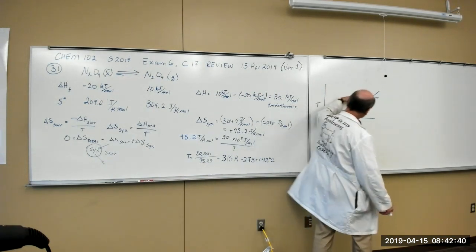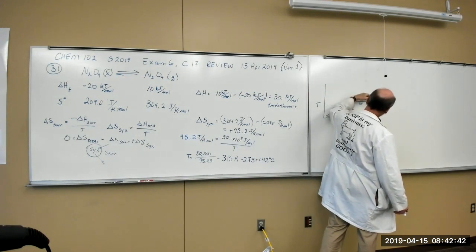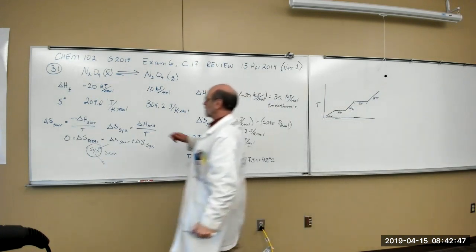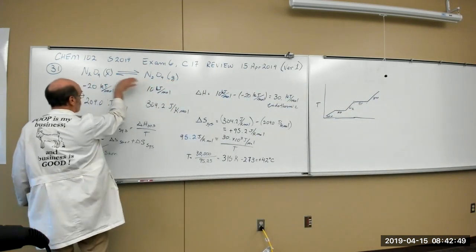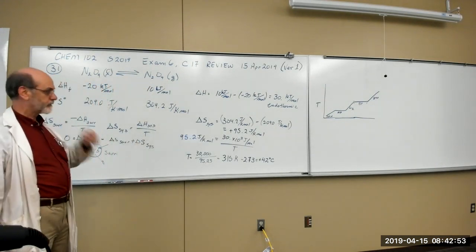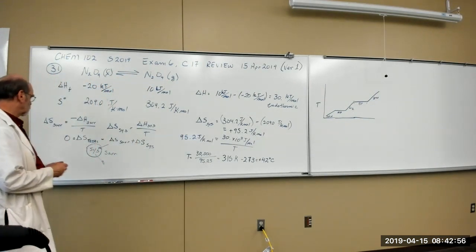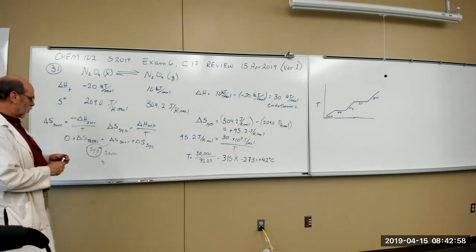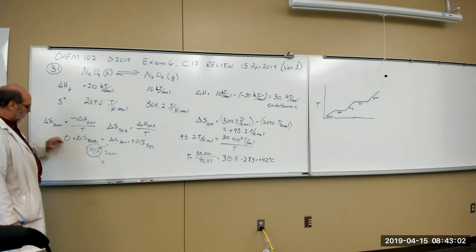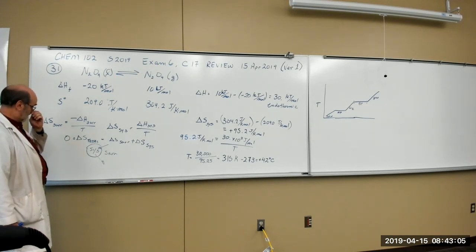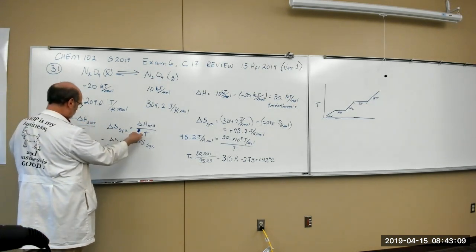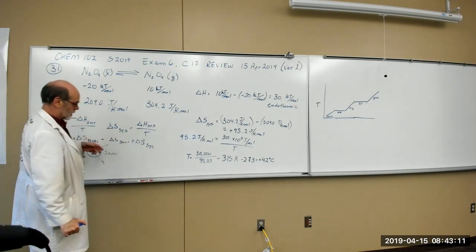But if we increase the temperature above 42, then we're adding enough energy to overcome that equilibrium and go that way. We're saying in order to find out what T is, we need to assume equilibrium. That's why this is 0, and that's why this one and that one are opposite signs of each other.